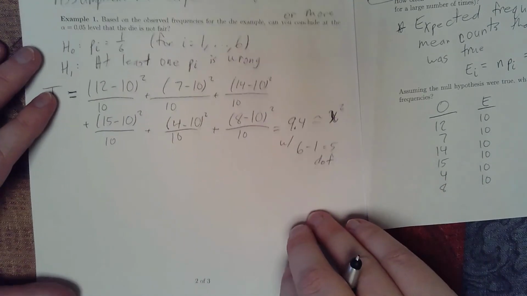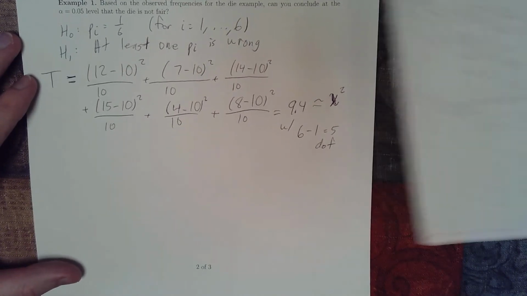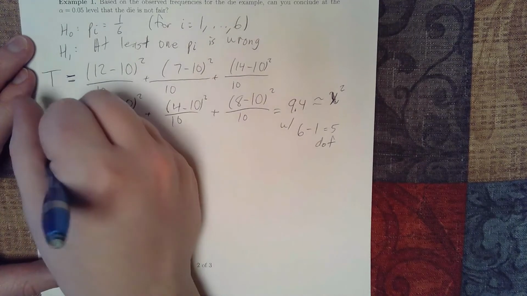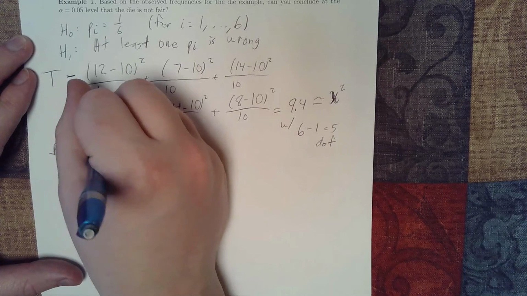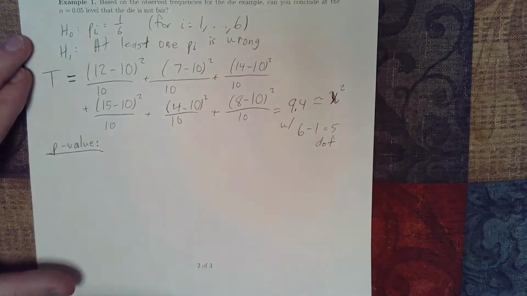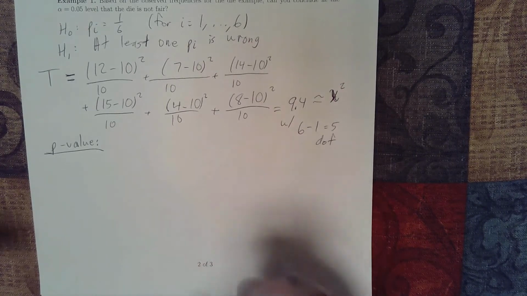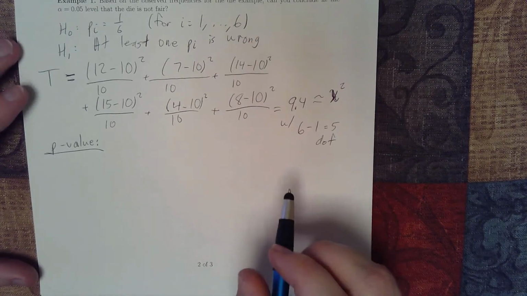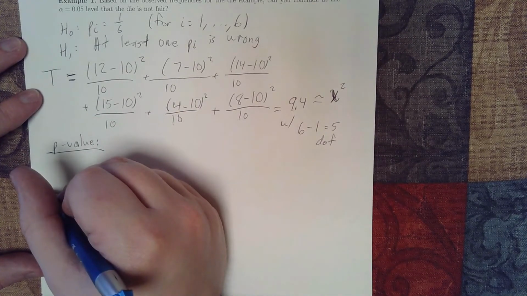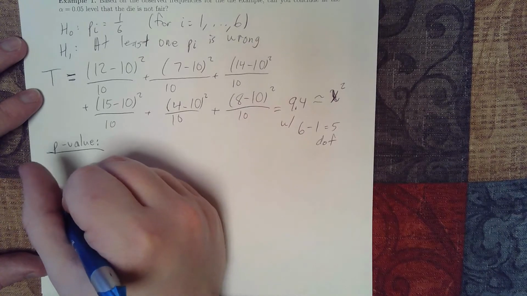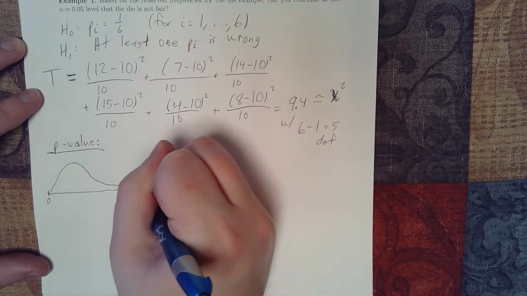Now when we're looking at our p-value, we can do this with two different methods, and we'll talk about both. For the p-value method, we're going to figure out the probability, or the area under the curve, based on a certain value for chi-squared and a certain number of degrees of freedom. The chi-squared statistic starts at 0, peaks early, and then keeps going.